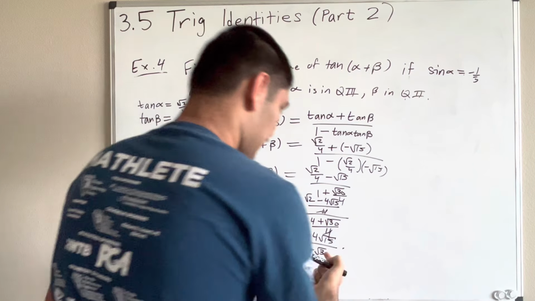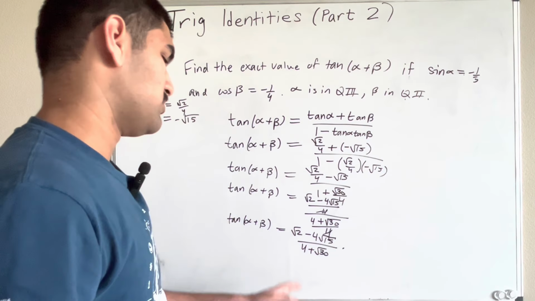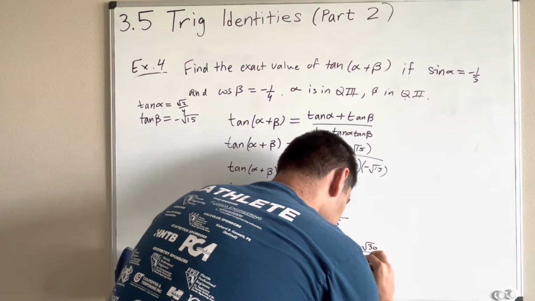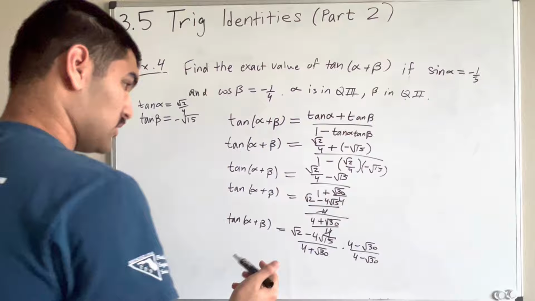But then we can't have the square root in the bottom, so we have to multiply by the conjugate of 4 plus root 30, which is 4 minus root 30. So we have to do that, and then simplify this.